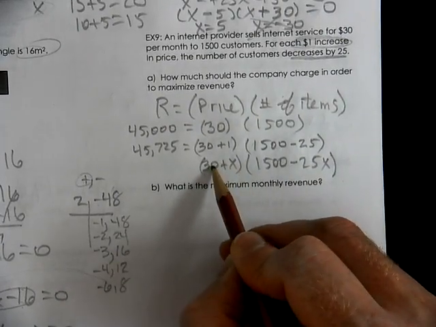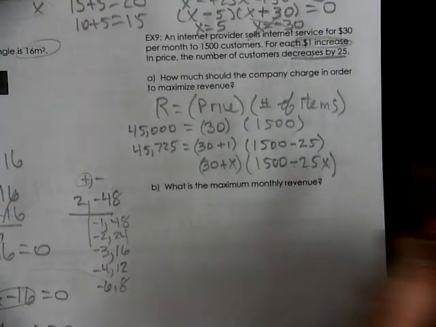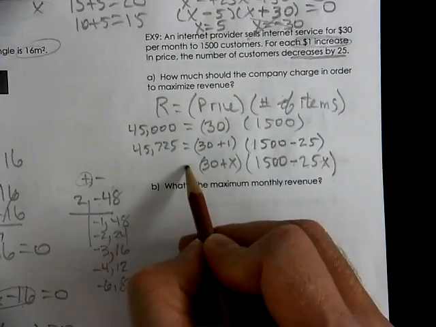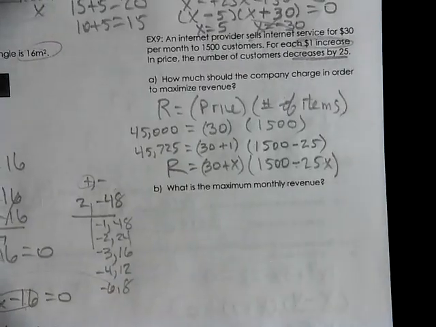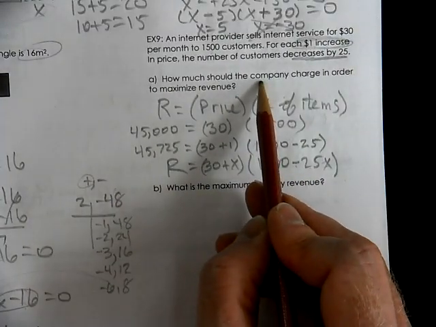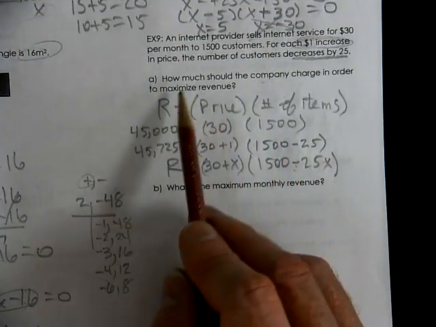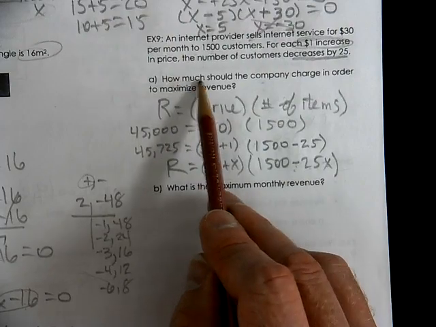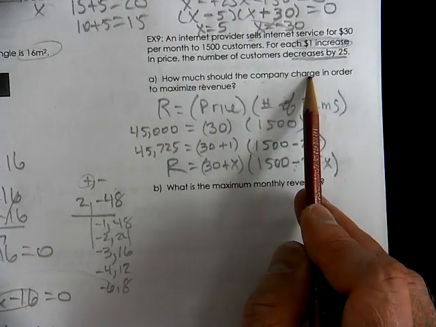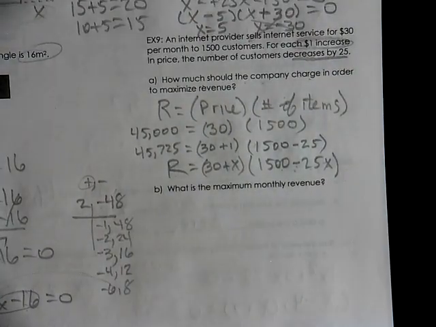For every dollar you increase, we're going to subtract $25, or 25 customers. That's going to be our revenue. So that is our equation. We need to figure this out to answer our question, how much should the company charge?